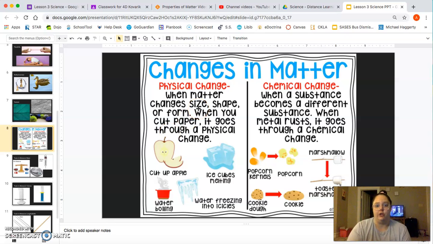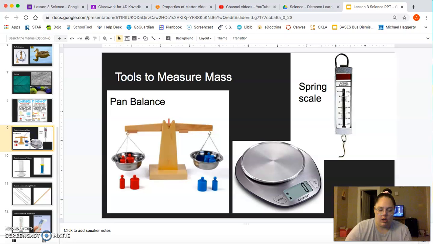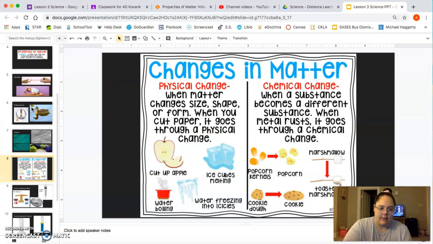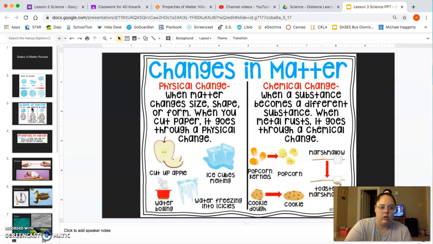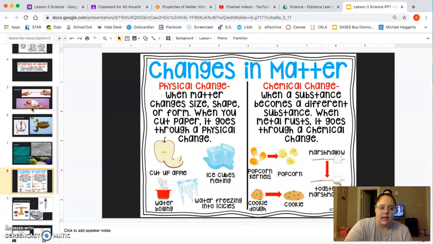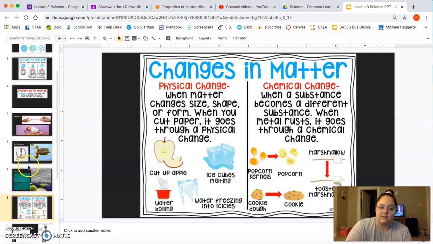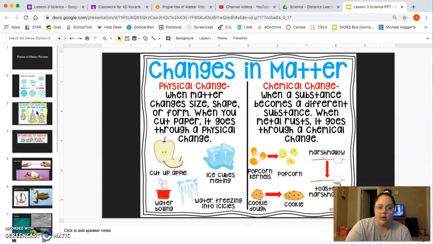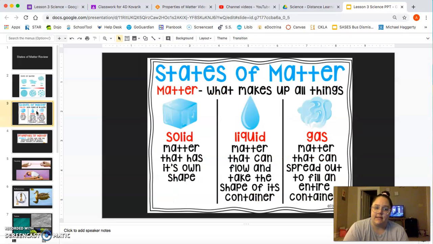It's changing its color, shape, size, texture, stuff like that. All right, I'm going to save those for next time. So for right now, we're going to focus on texture, reflectiveness, all those properties we just talked about, and then the basics of states of matter.